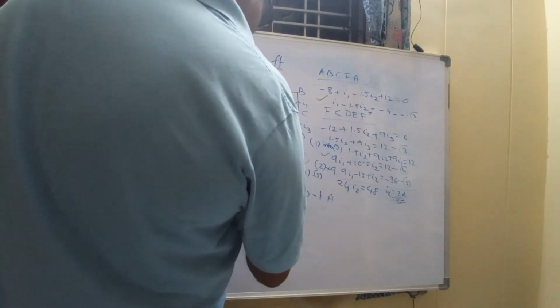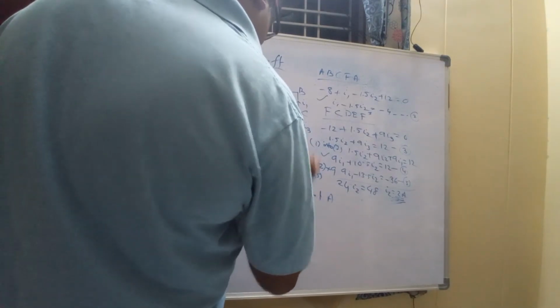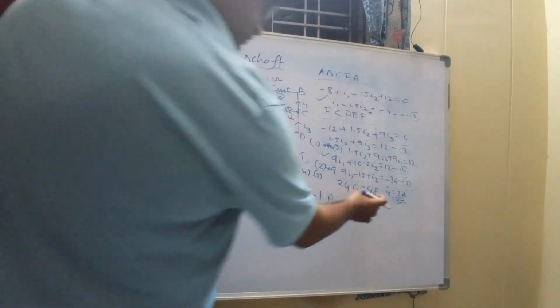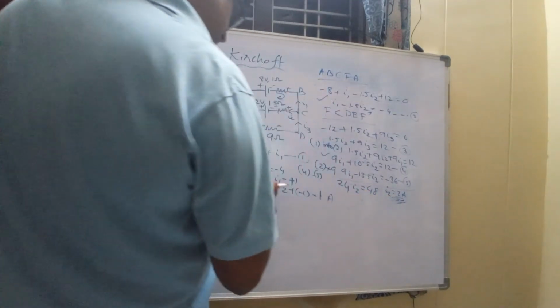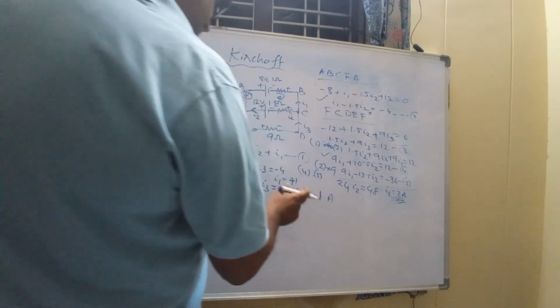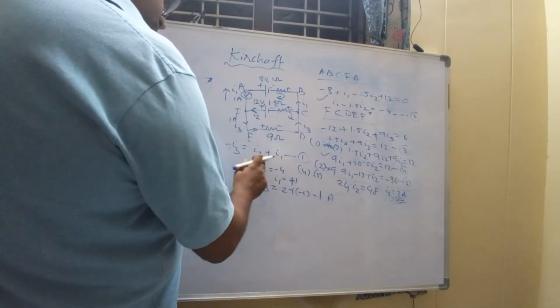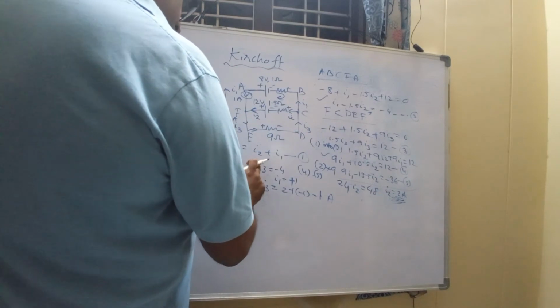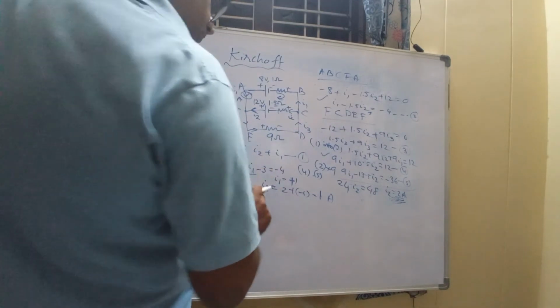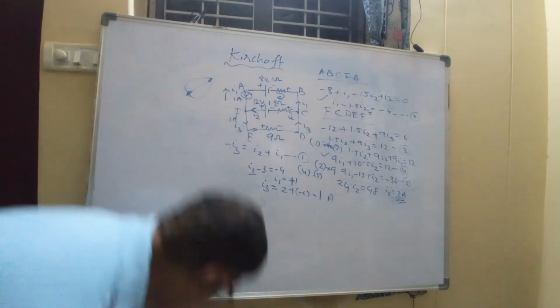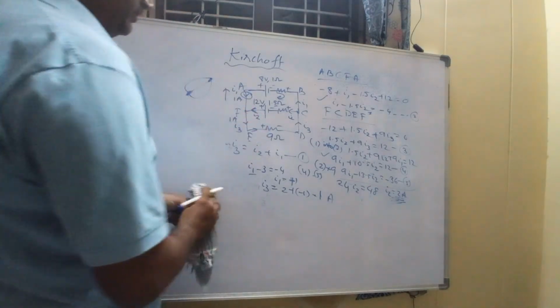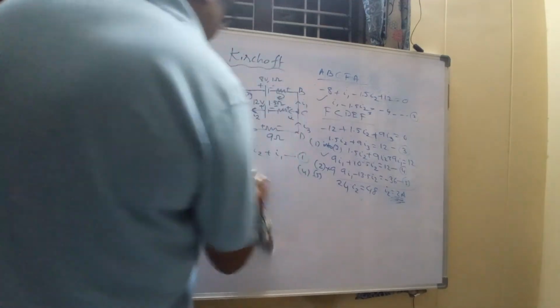See, I1 value is plus 1. I2 is 2 amps. So we will put it over here. Direction problem is we have to satisfy the KCL also, no? So let us wait and see.